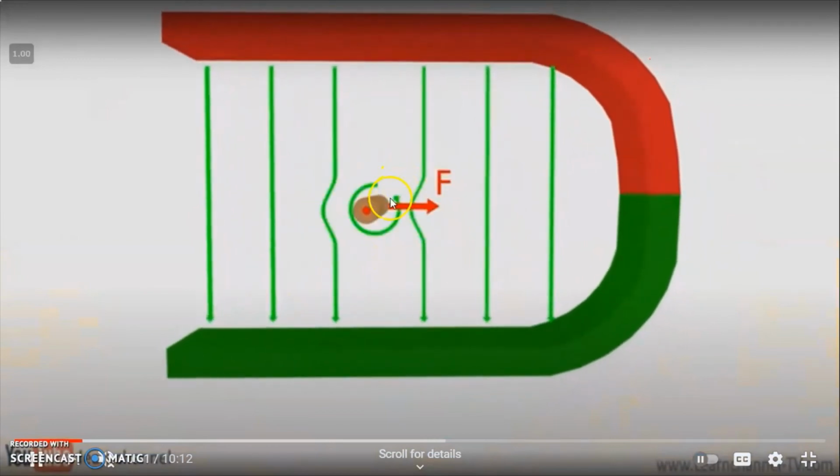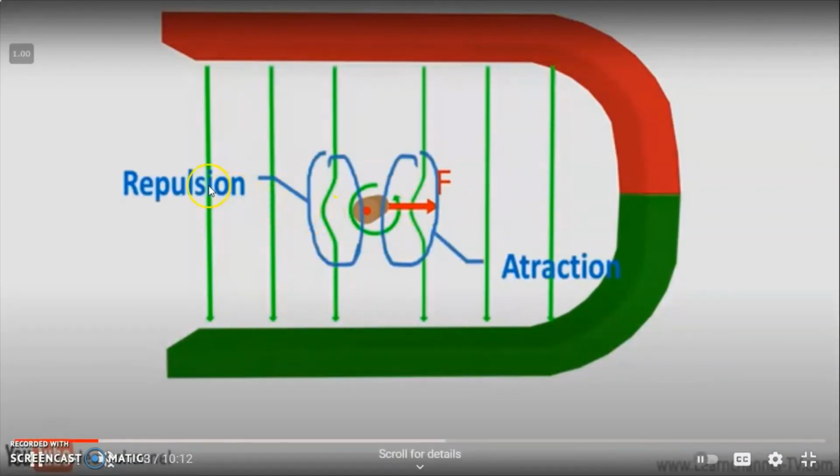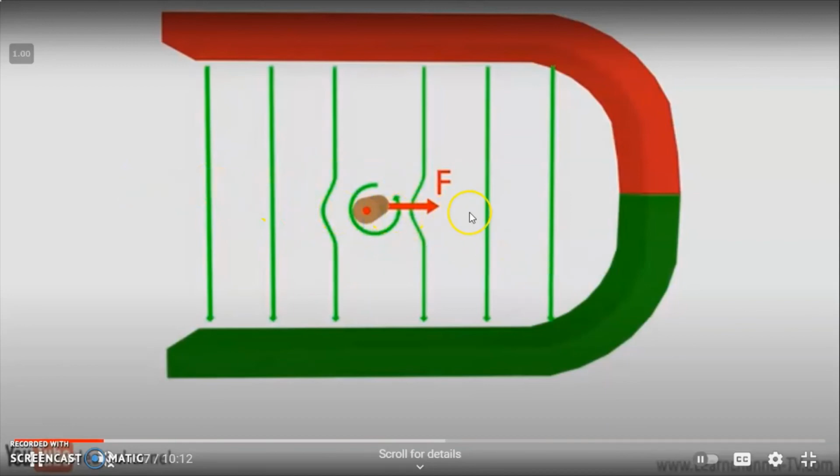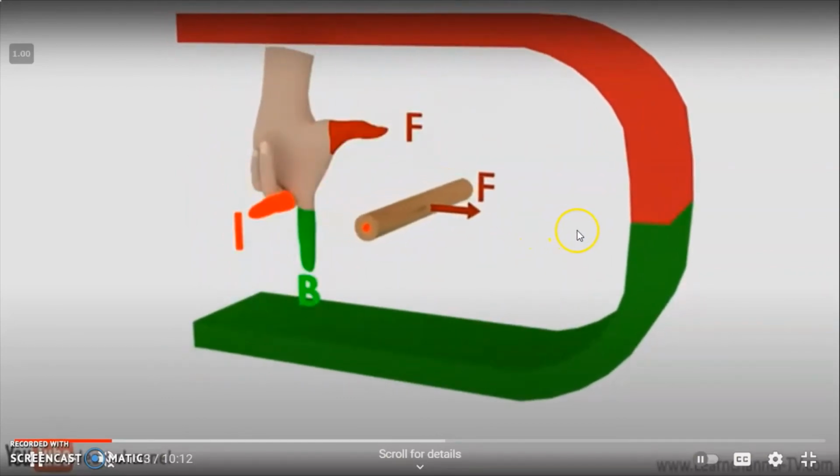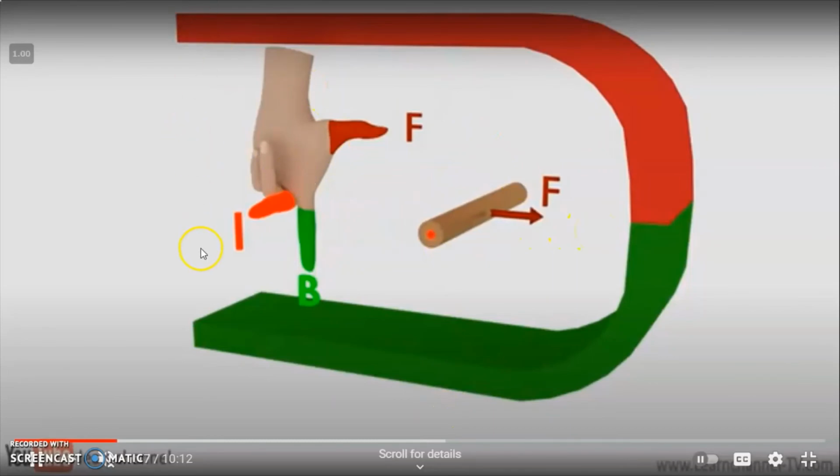So here are the basics. There's the positive and the negative side they showed you. And so the current's coming out of the screen, and that pushes the current carrying wire to the right. And so it's getting pushed away from this side, and it's getting pulled towards that side, the attraction. So that's why the current carrying wire moves this way in the magnetic field from this magnet.